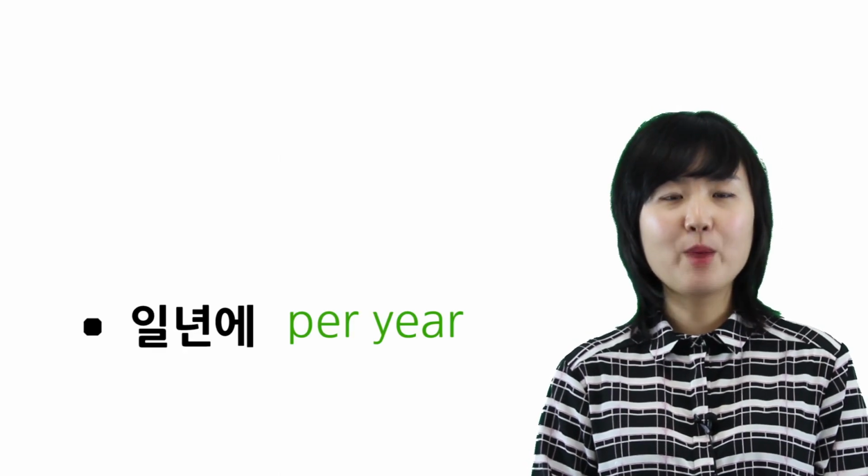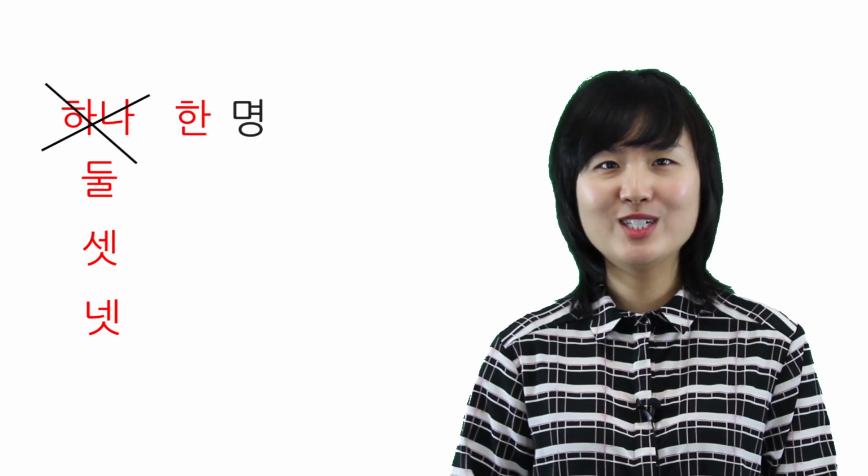1년에, per year. In addition, we know that 하나, 둘, 셋, 넷 should be changed to 한, 두, 세, 네 when a unit follows. Therefore, instead of 하나명, 둘명, 셋명, 넷명, they should be 한 명, 두 명, 세 명, and 네 명.